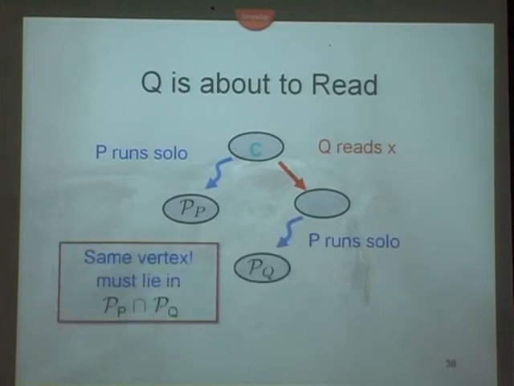And then P wakes up and runs to completion. What happens is that P sees the exact same thing in both of these executions, which means that the view that P had in both cases is the same, which means that they're the same vertex. So this vertex, because it's in the execution where P went first and it's in the execution where Q went first, is in the intersection.